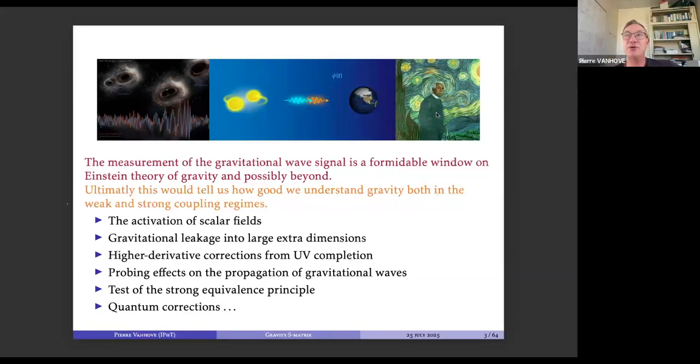But in fact, at some point in the lecture, and I hope I will be able to reach that point, we can keep something that goes beyond Einstein gravity. From a lot more data, and if we understand this signal very well, there's a chance of probing the physics of gravity beyond what Einstein gravity gives to you. So this is the large goal motivation for doing this, from the point of view that I'm using.